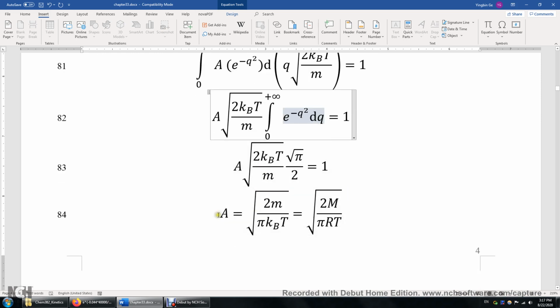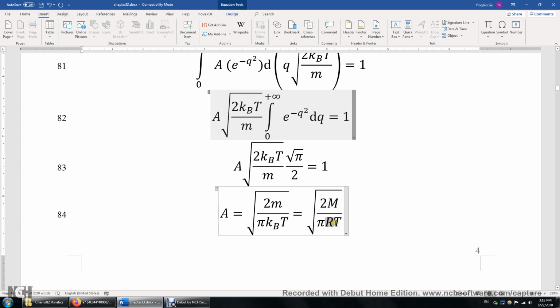And then we can determine the value of A. A is the square root of 2m over pi kBT, or the square root of 2 uppercase M over pi RT. So this lowercase m is the mass of a gas particle, and this uppercase M is the molar mass of these gas particles. kB is the Boltzmann constant.